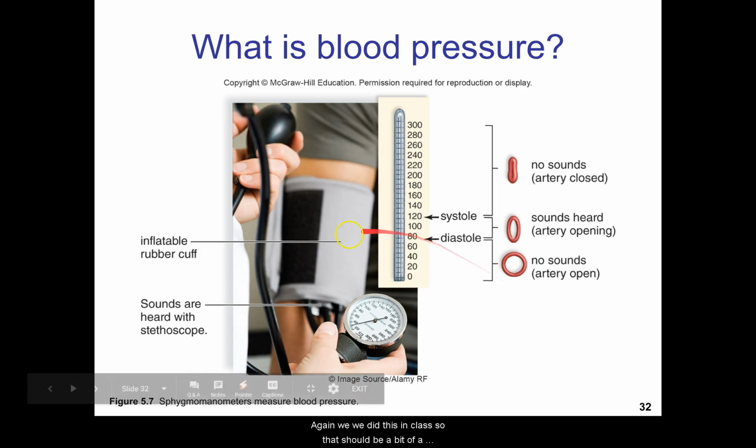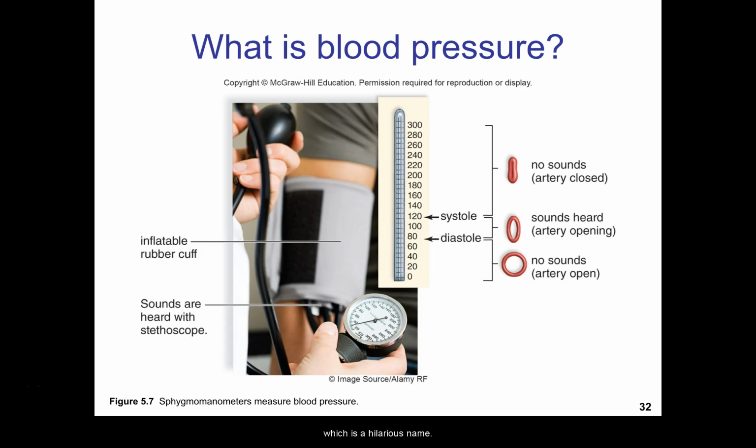So again, we did this in class, so this should be a bit of a review, but this blood pressure cuff, or this sphygmomanometer, which is a hilarious name, puts pressure on your arteries until it closes them off. And so, if you're putting 180 millimeters of mercury of pressure, you're not going to hear anything. And when the blood is able to finally get through again, the artery is opening, and that is the high pressure region.